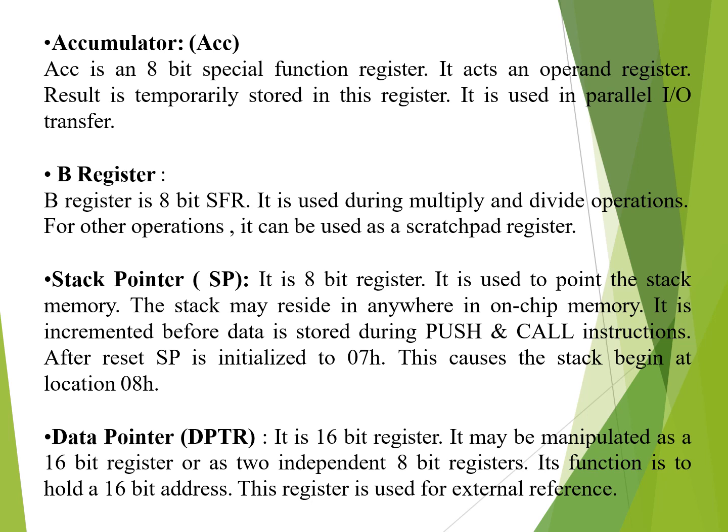So the B register is specially used during multiplication and division operation. So 8051 is having an 8-bit stack pointer, which is used to store data temporarily. So 8051 is having a 16-bit data pointer, which is used to hold the address of the external memory.